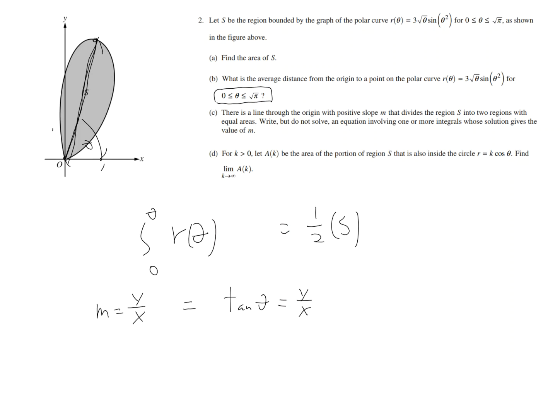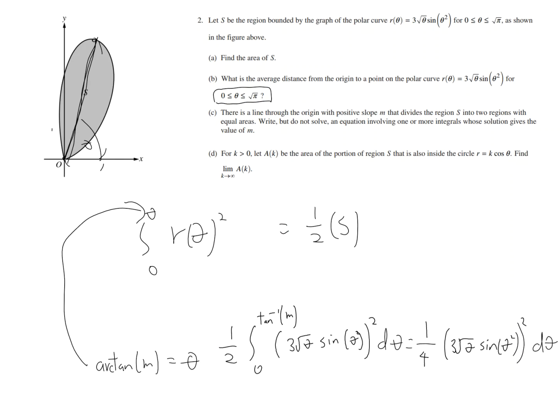Now that we have that, we can try to solve for m. If we simply take the arctangent of both sides, we get arctan of m is equal to theta. Now we've found an expression for theta, so we'll plug this back into here, giving us the final equation of this expression, which will be our answer.